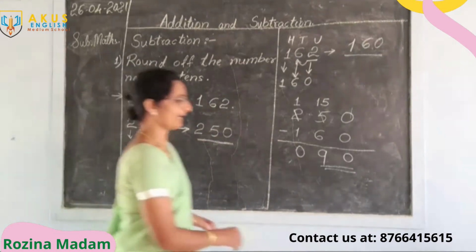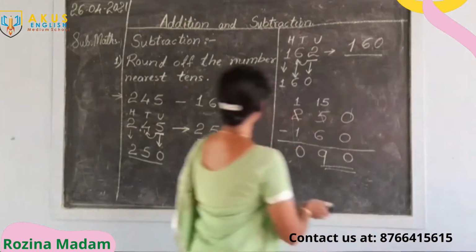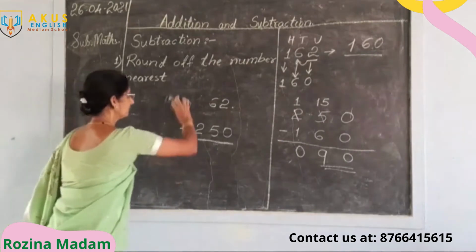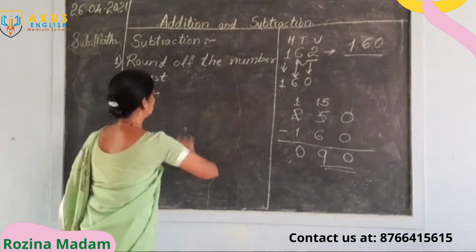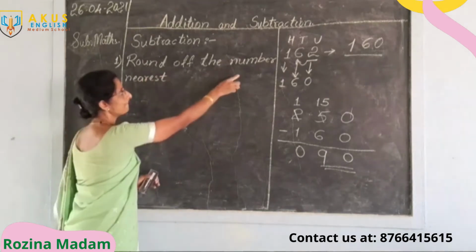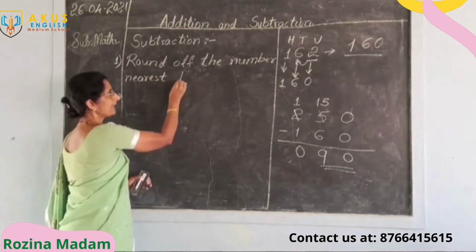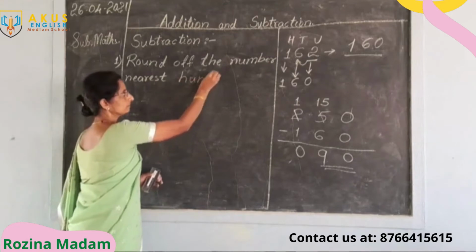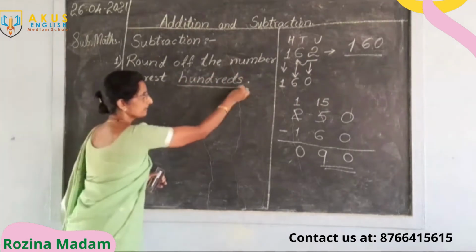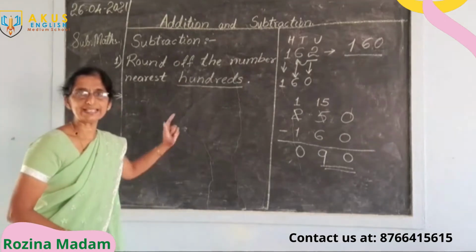So next sum I will write this. The second sum is, we will just find out the nearest round of the number, nearest 100. So we have just seen, children, nearest 10.